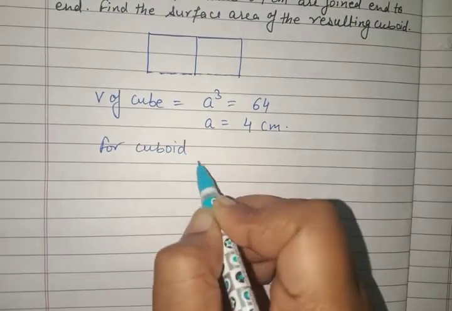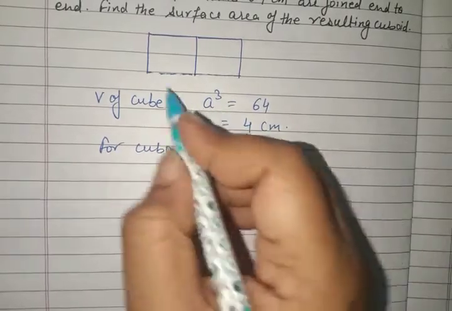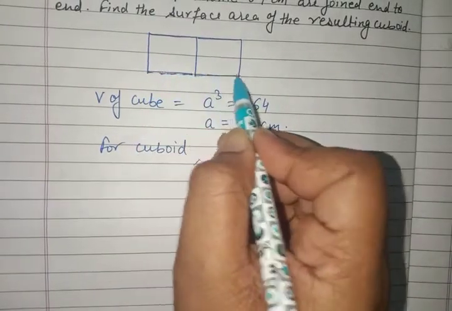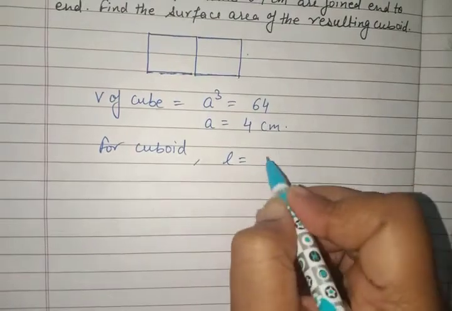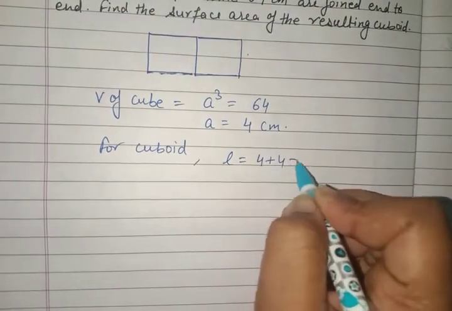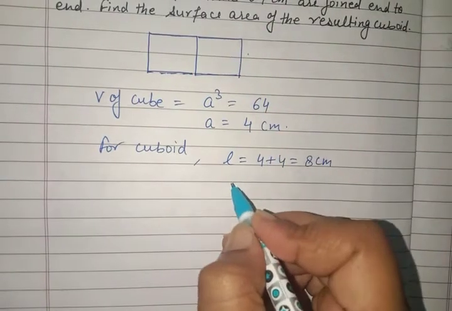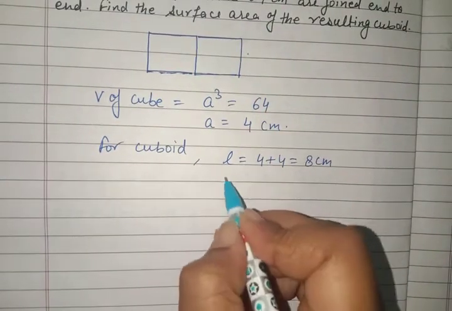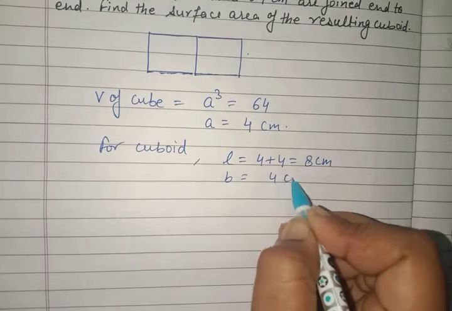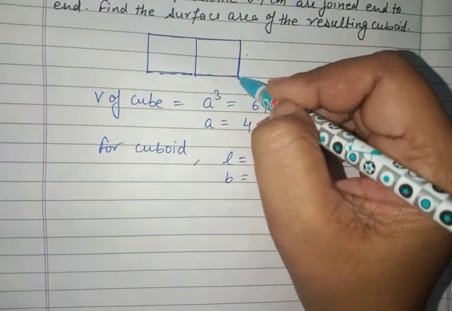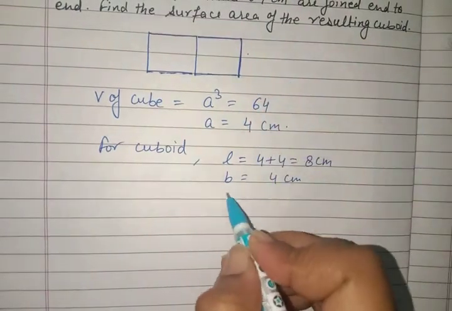Length is, you can see, 4 plus 4 because all sides are 4. So 4 plus 4, length is 8. Breadth is the same, 4. And height is also the same, you can see height is also 4.